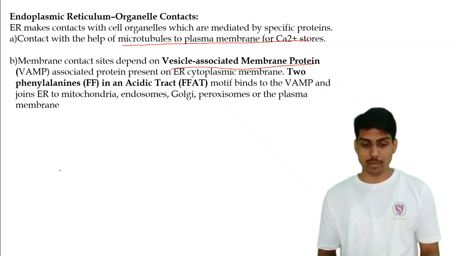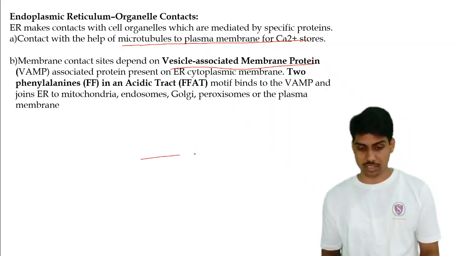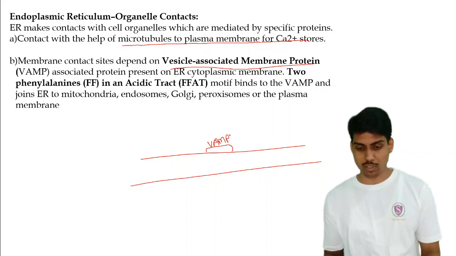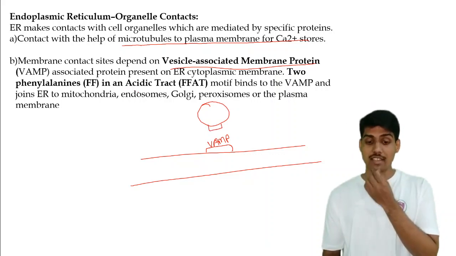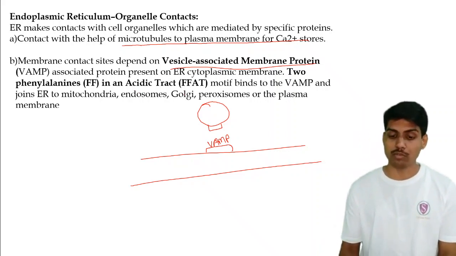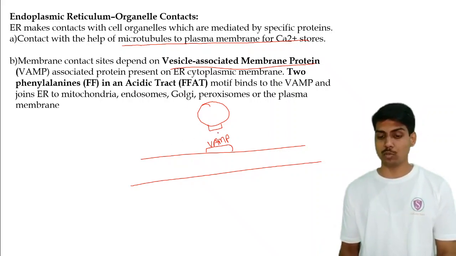These VAMP proteins, suppose this is the endoplasmic reticulum. These proteins are present on what? VAMP are present on the endoplasmic reticulum, and suppose this is a peroxisome. So the FFAT, or phenylalanines in an acidic tract, are motifs. What do these motifs do?